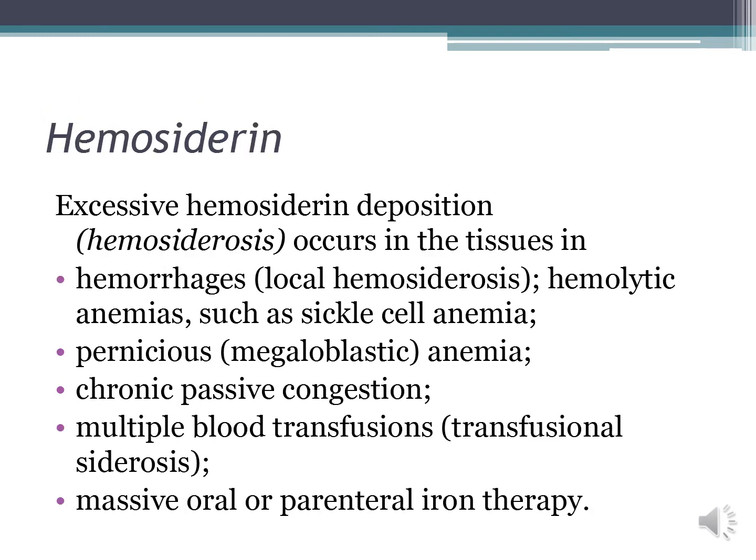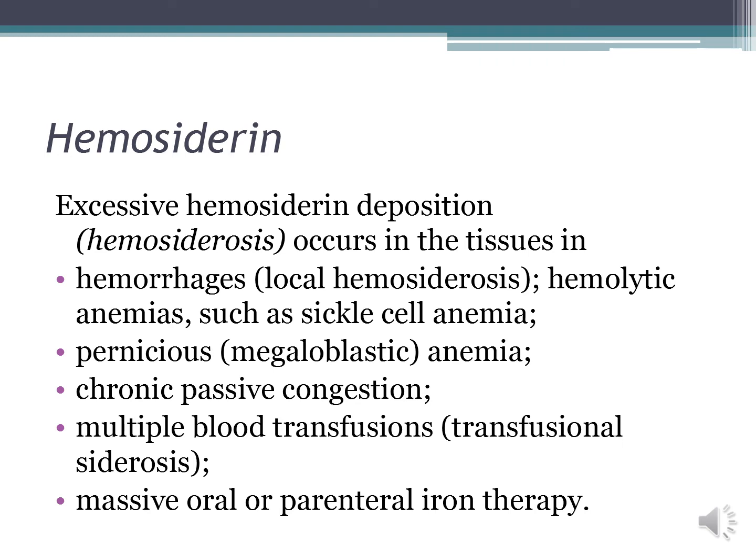So, excessive hemosiderin deposition, which we call hemosiderosis, occurs in the tissues in various pathological situations. First of all, hemorrhages. These hemorrhages may cause local hemosiderosis.